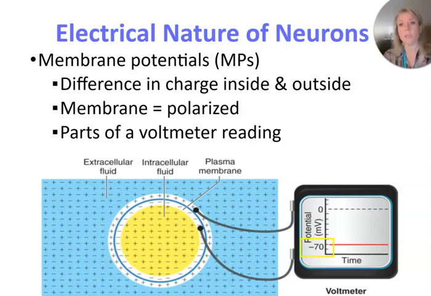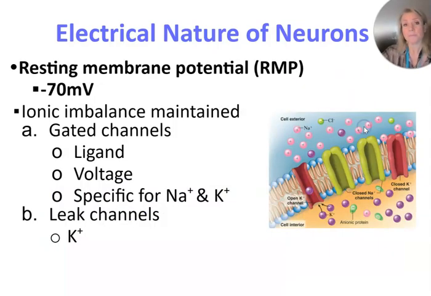They would use the giant squid axon because it's one really long cell, and so it was very easy to insert the electrodes in order to measure the membrane potential. And then they would stimulate it, and they would take measurements on the voltmeter, and that's how we obtained a lot of the information that we know today about how neurons work.